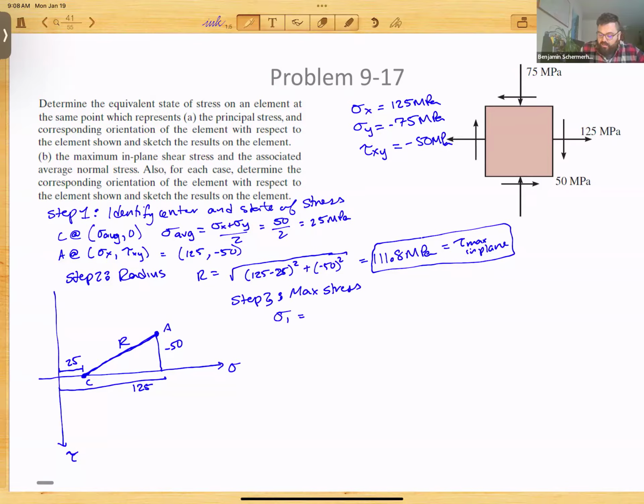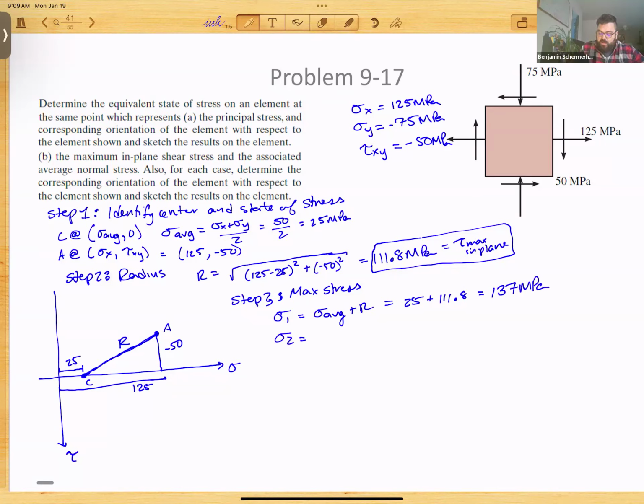Sigma 1 is going to be the average plus my radius, so that's 25 plus 111.8, which is going to come out to roughly, we're just going to round here, 137 megapascals.